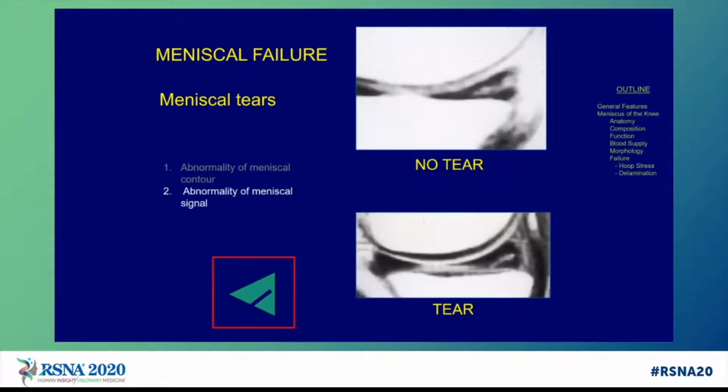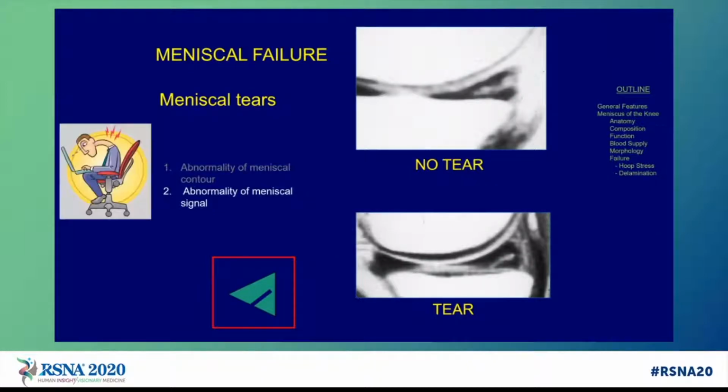The second criterion is not so good, because sometimes we have intermediate signal within the meniscus that does not reach the surface, hence no tear, and sometimes it reaches the surface. And I've noticed over the years when reading out with residents or with fellows that when trying to decide whether or not that alteration in signal intensity reaches the surface, you will note they get closer and closer to the computer screen, trying to turn that last pixel from dark to bright and to call it a tear.